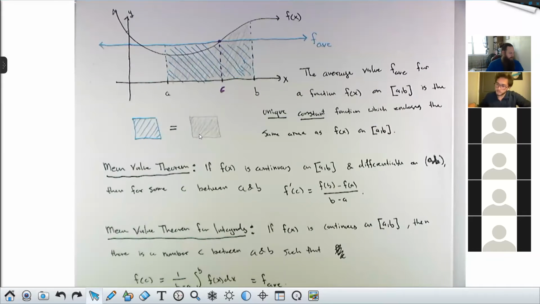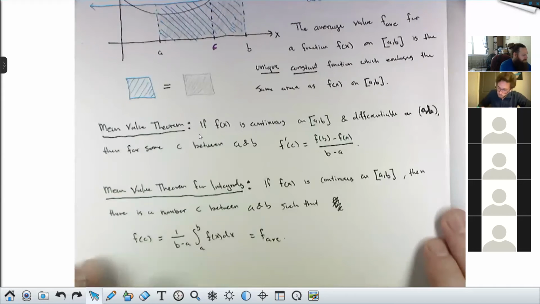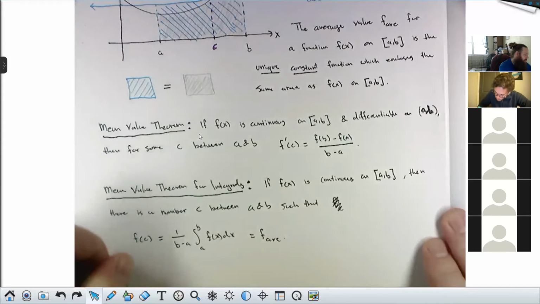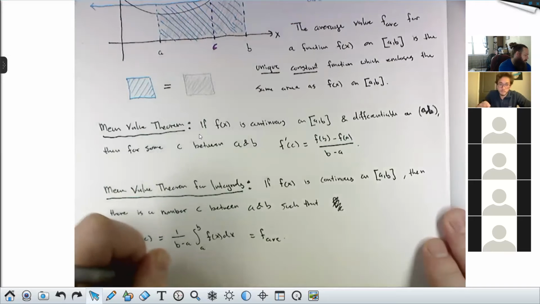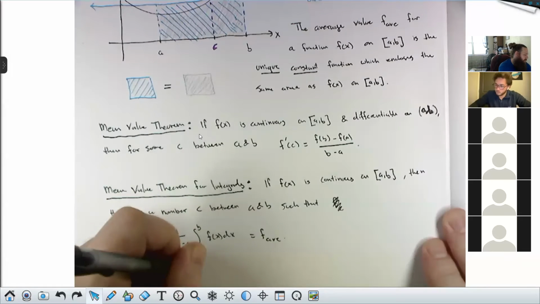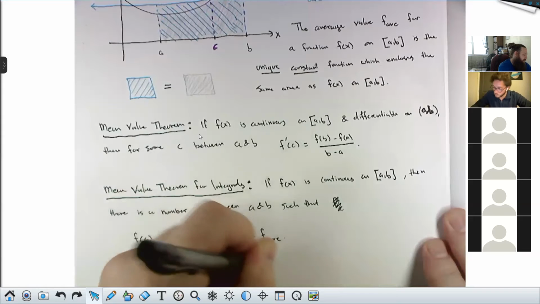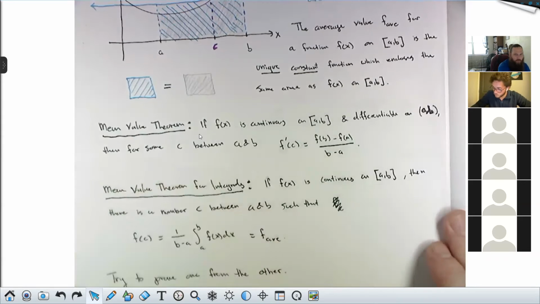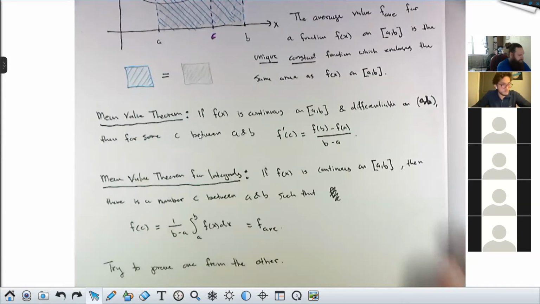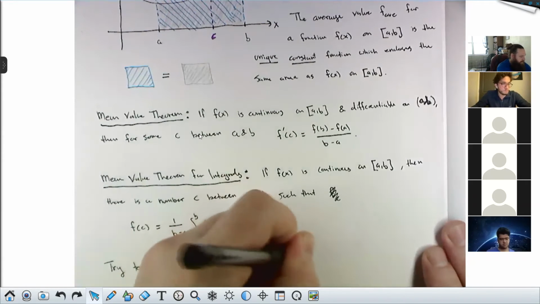And it would be good practice to try to prove one from the other. They're equivalent statements. I'll give you a hint here.